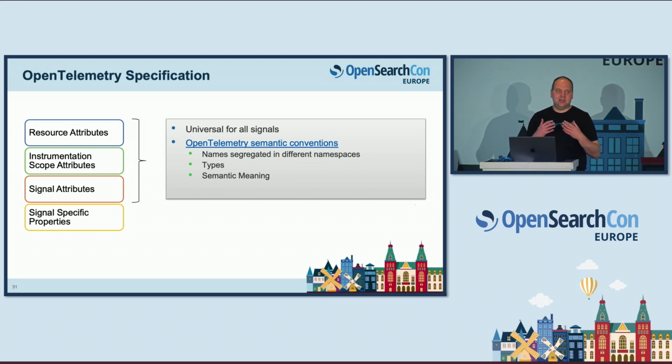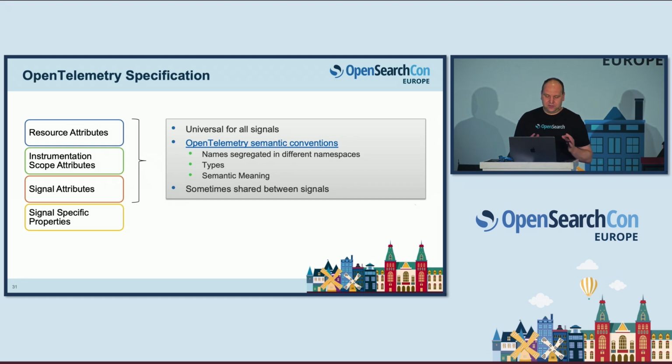That means the names to be used are specified. They are segregated by namespace. So we saw the service name, that is the service namespace with the attribute name, and it has a fixed type, it is a string. And it has a semantic meaning, it describes the name of the service that is deployed. It's not the name of the developer, but some name that indicates which service it is.